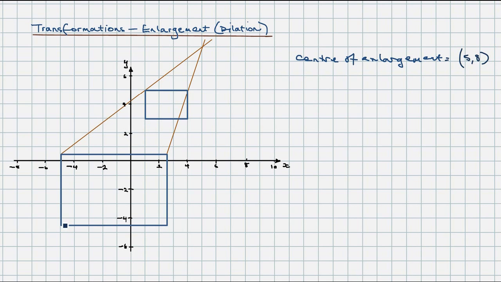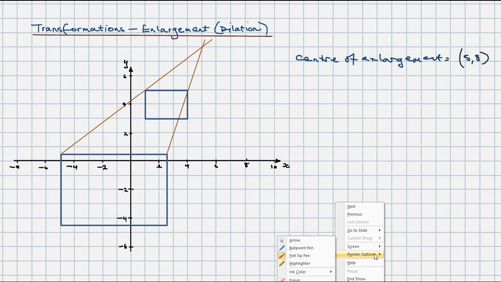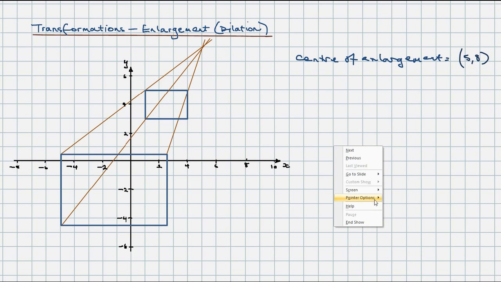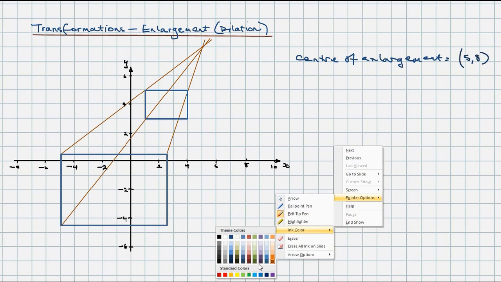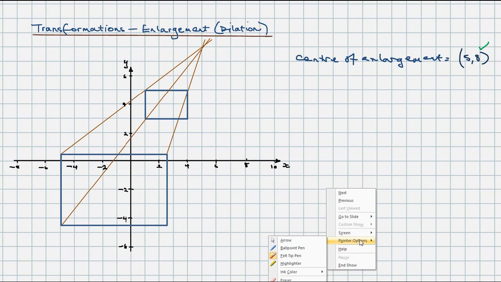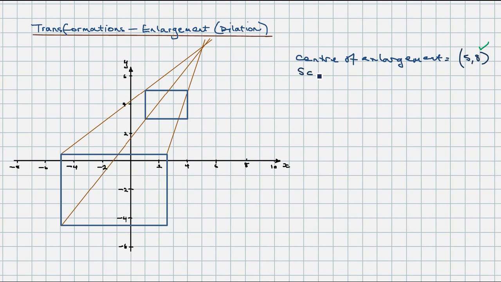So let's say this one here, and again joining it back to its corresponding vertex, and hopefully it will go through exactly the same point. Let's see if it does. Okay, so we can be pretty certain now that this is correct. So we know the centre of enlargement. Now let's work on the scale factor.